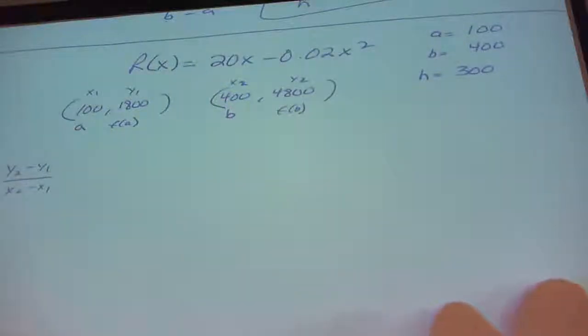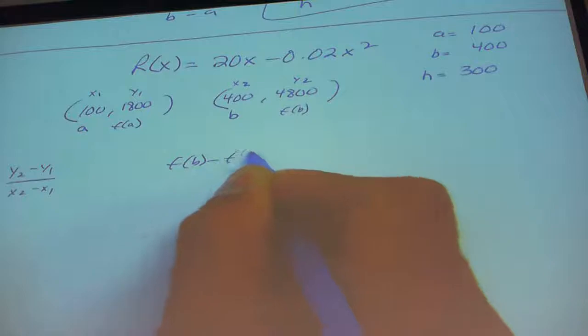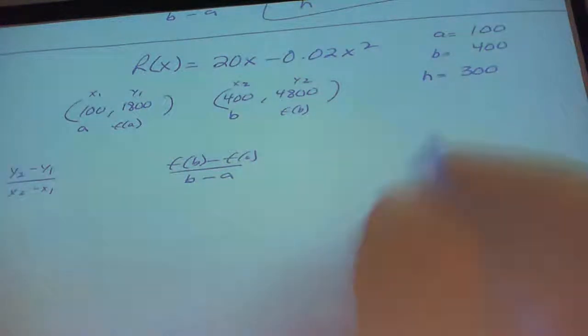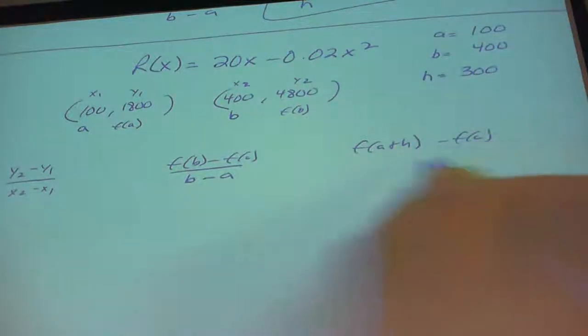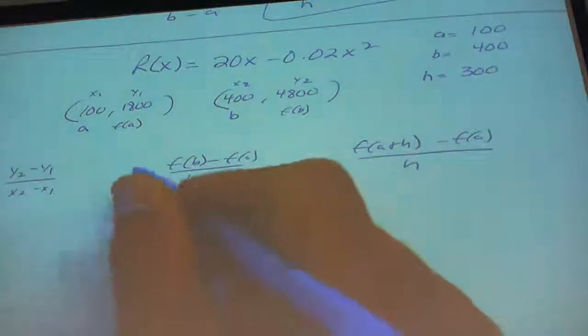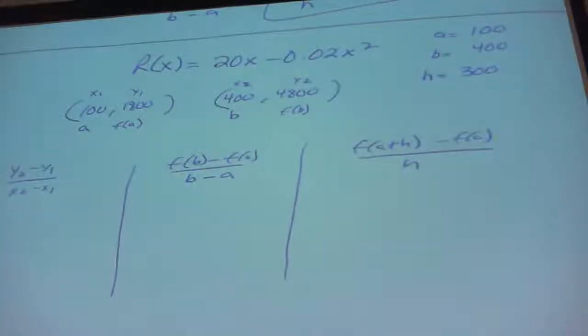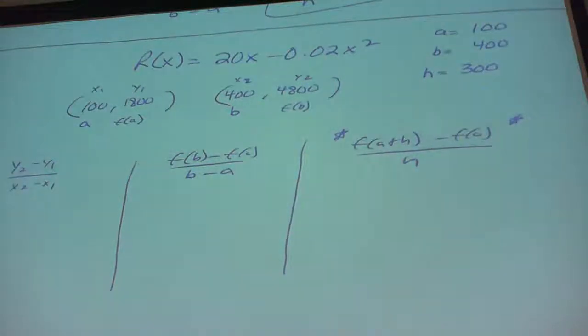Okay? There's the first one you like. Then I'm introducing f of b minus f of a over b minus a. Then I'm introducing f of a plus h minus f of a over h. And my job is to show you that they're all the same. But this last one is what we're going to lean towards. F of a plus h minus f of a over h. So we're going to do all of them. We're going to do every single one.